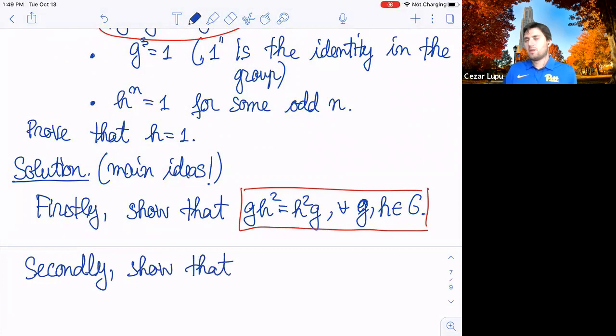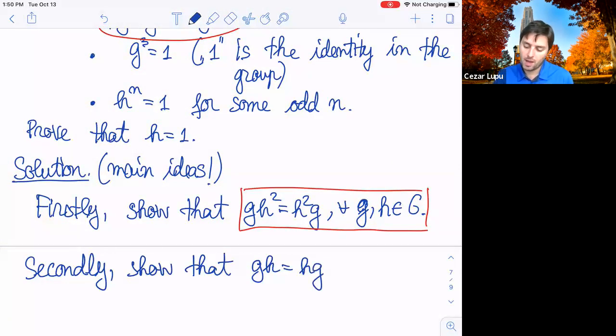let's see, what else? I want to show that H is 1. Maybe show that actually even more happens: GH is HG.